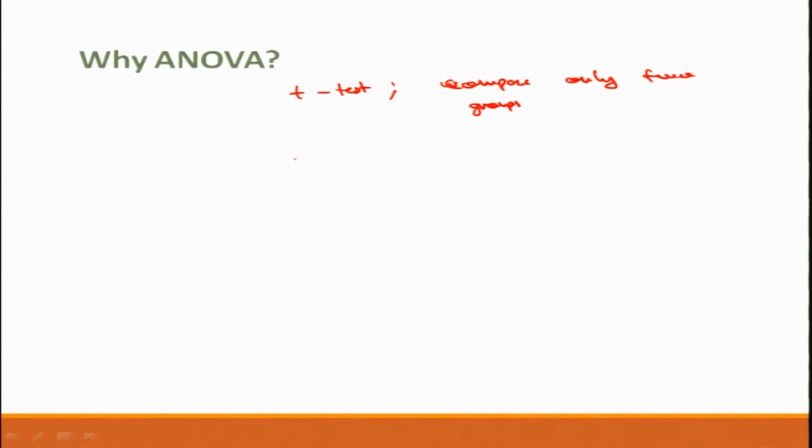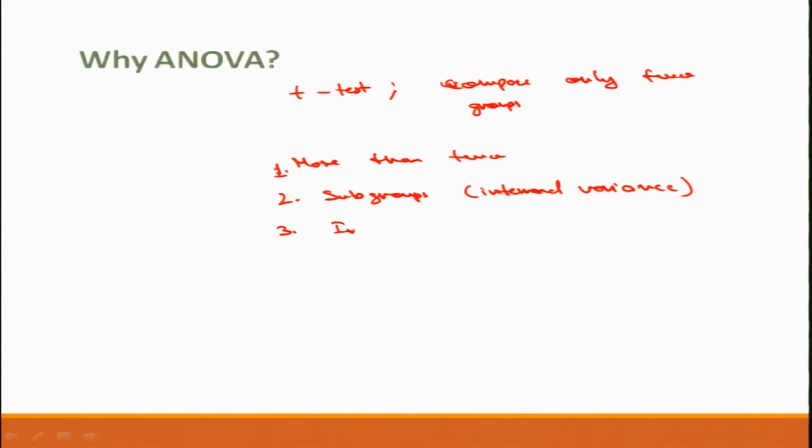If groups are more than 2, number 1, we have subgroups, that is, internal variance also exists, and we will see that interaction between the groups, that is, one group is interacting with the other group as well.